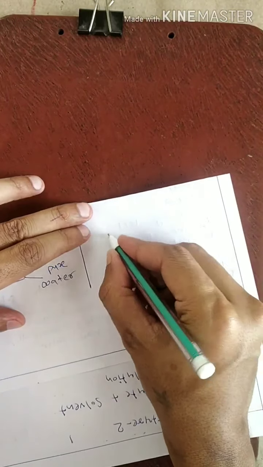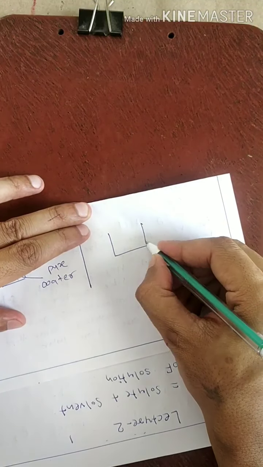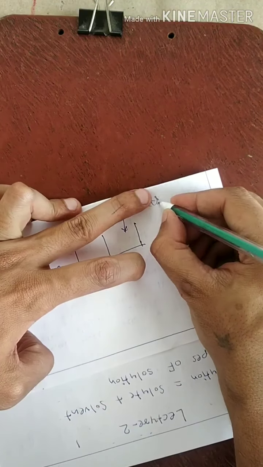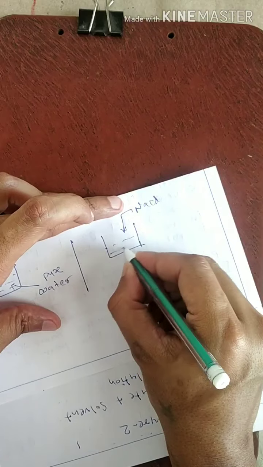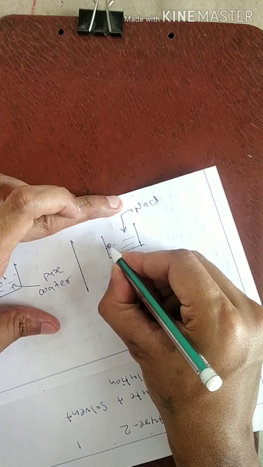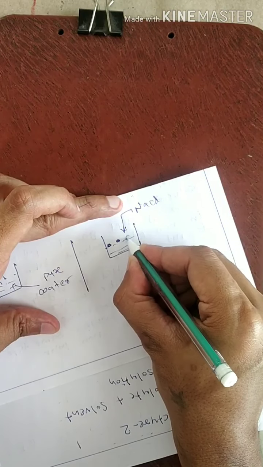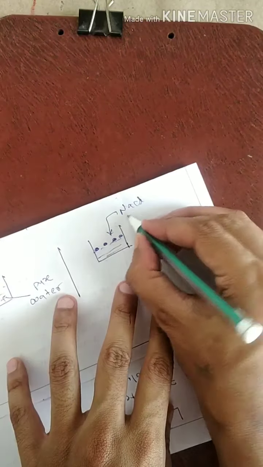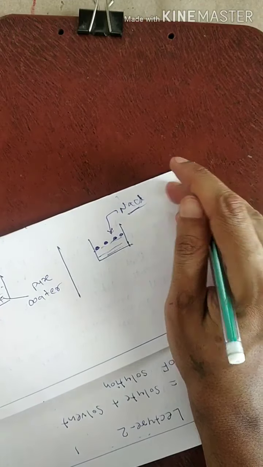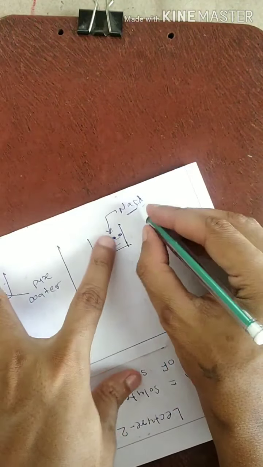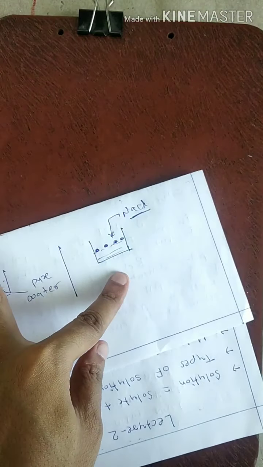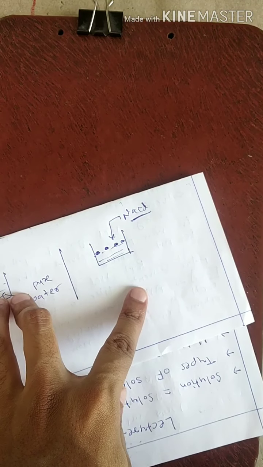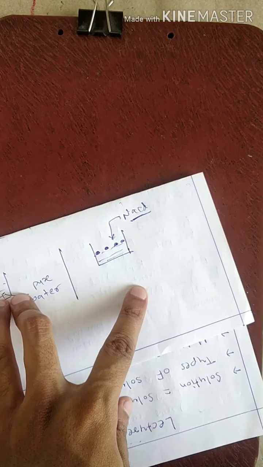Now I am dissolving some NaCl in it. NaCl is a non-volatile solute. What is a non-volatile solute? It is something that cannot form vapor. It will not vaporize. So what will happen?